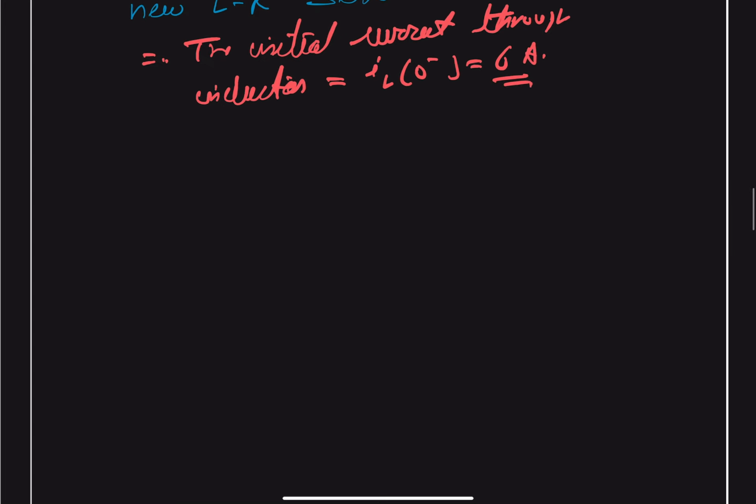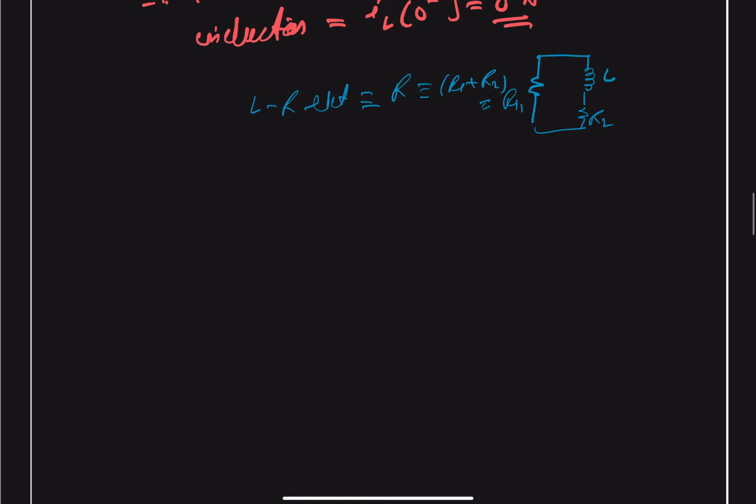Now we can just draw an approximate diagram for that also. We have this R1 and this is our inductor, and we have our R2. Now this comes as an LR series circuit, and R is equal to R1 plus R2.